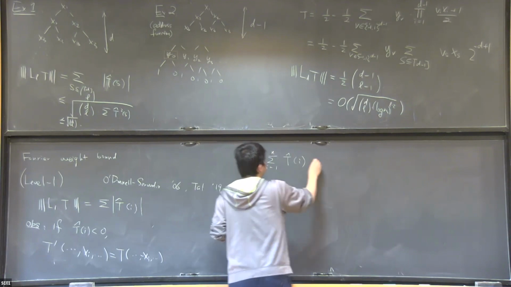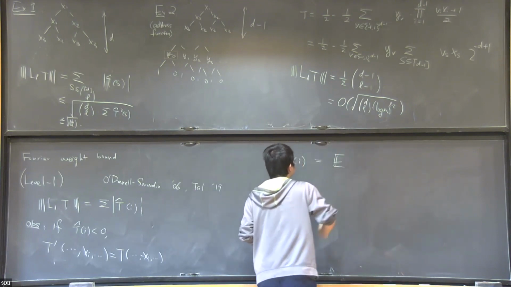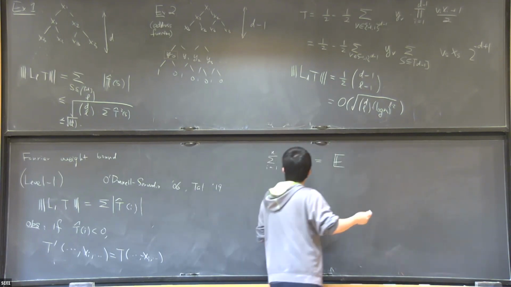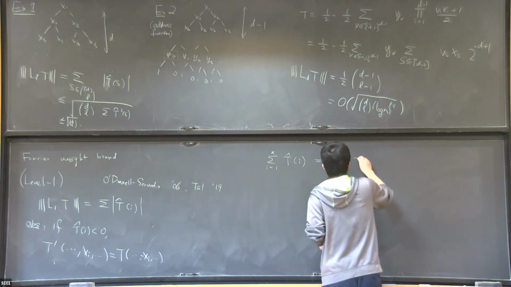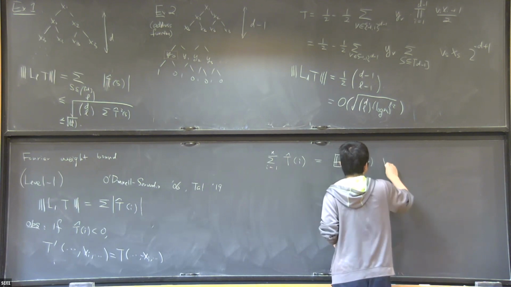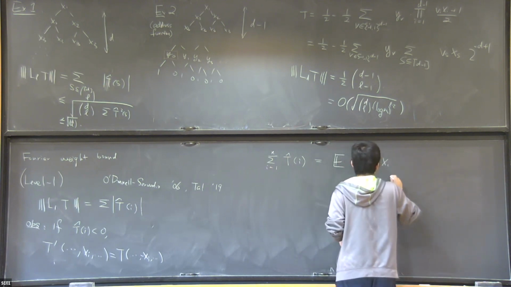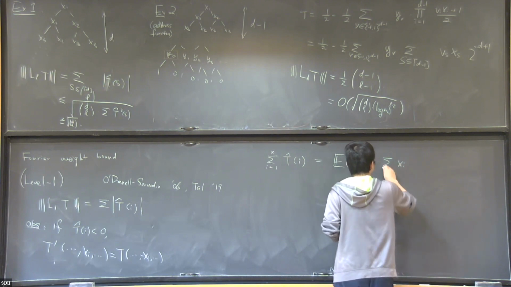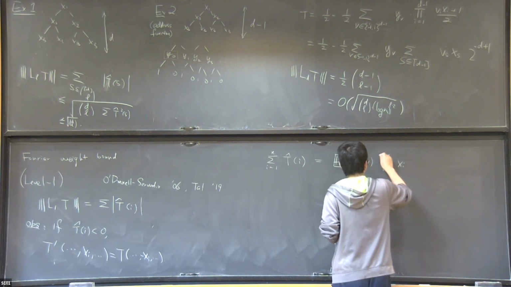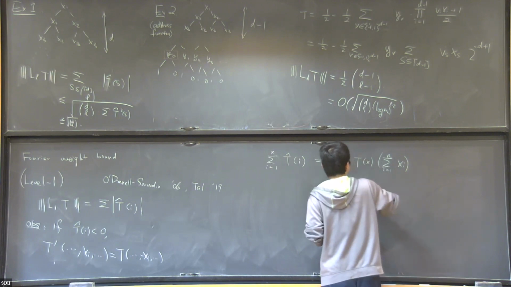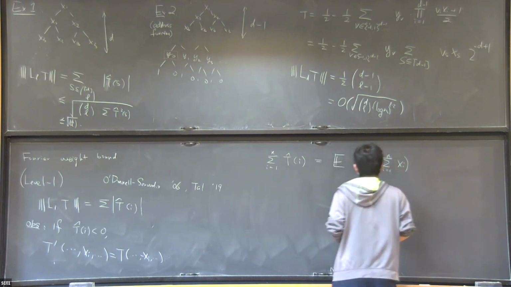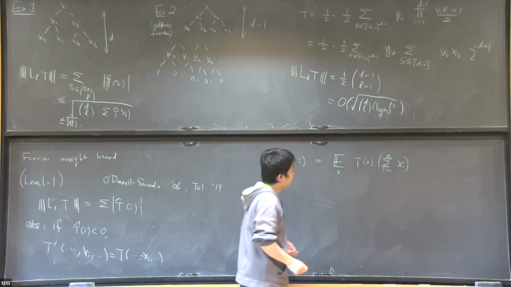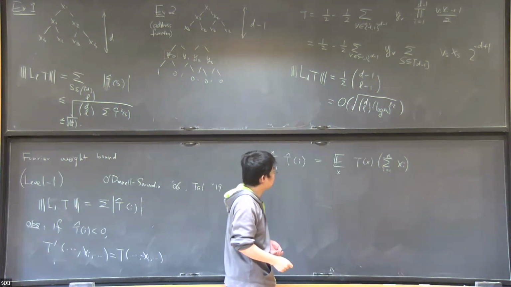We write down the definition of the Fourier coefficient, which is the expectation of the original function times the variable x_i, over uniformly random inputs.